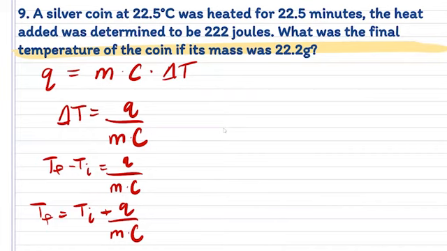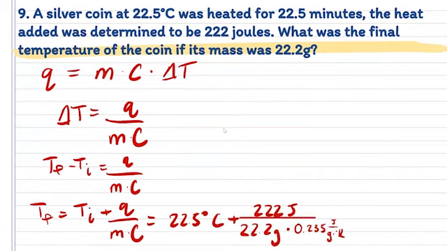Now that I know what my final temperature should equal, I can plug in the values that I have. I know my initial temperature, I know the heat, I know my mass, and my table lets me know my specific heat for my silver coin. Plugging those numbers into my calculator, I get a final temperature of 65.1 degrees Celsius.